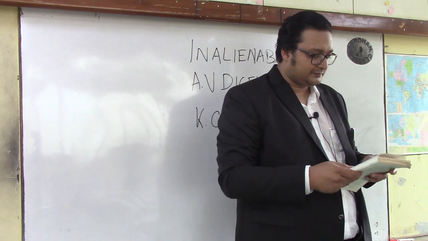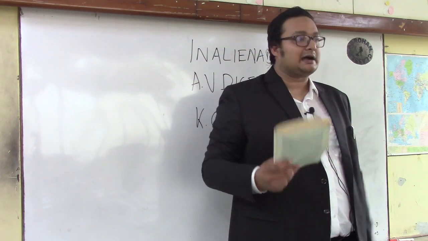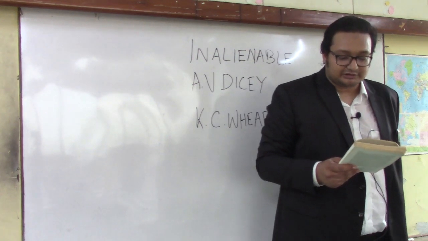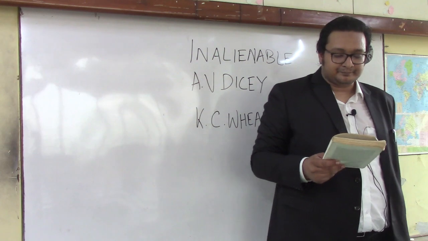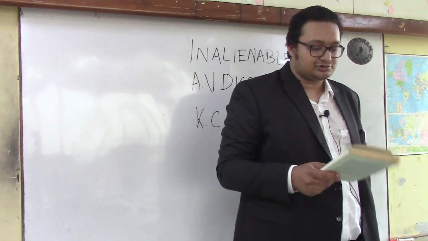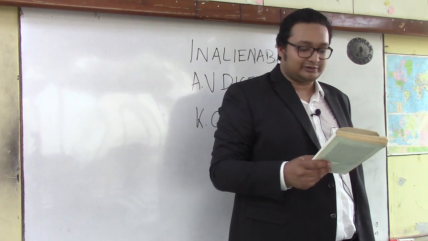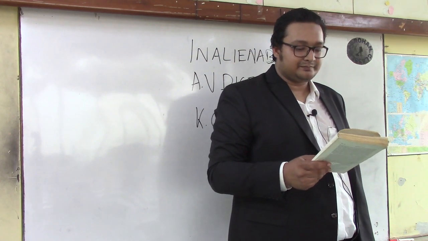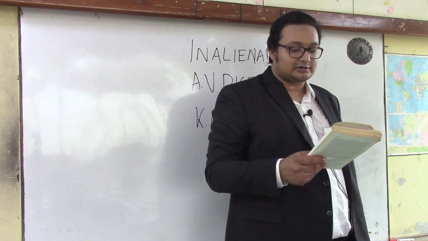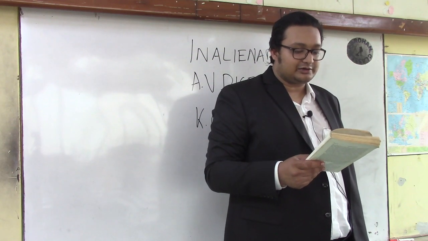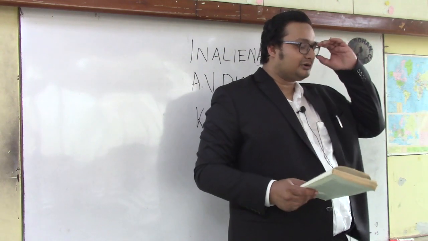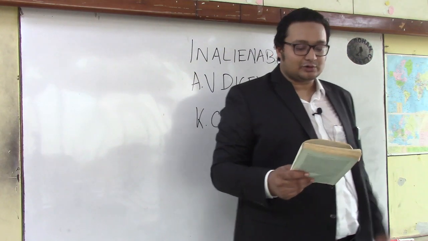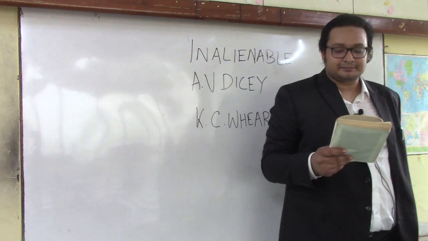In this part, unless the context otherwise requires, state includes the government and Parliament of India, government and legislature of each of the states, and all local or other authorities within the territory of India or under the control of Government of India. Please break this down into 6 points.